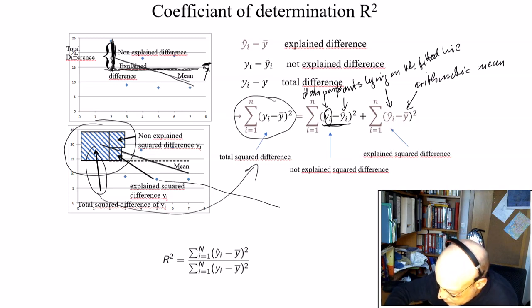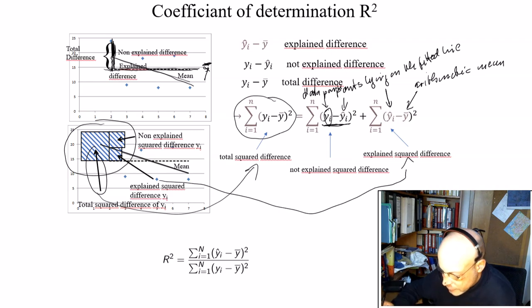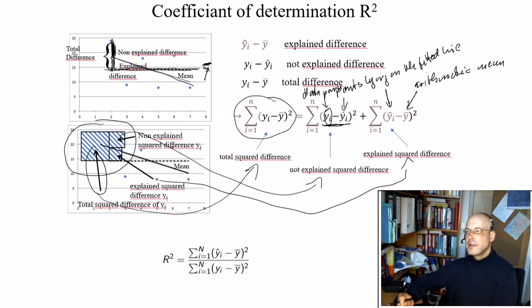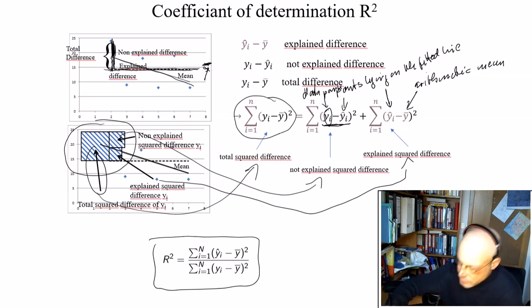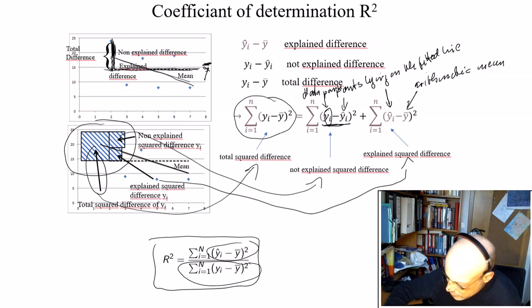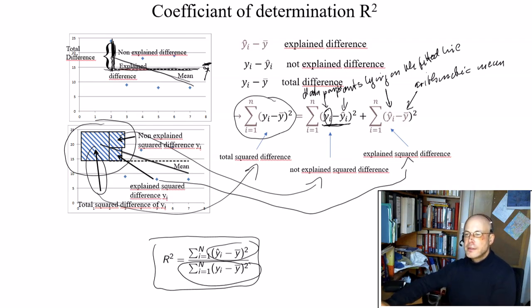This one is the explained squared distance, and this one is the still not explained distance. And then also mathematically, we can show that the coefficient of determination is just this explained sum of squared distances over the total sum of the squared distances.